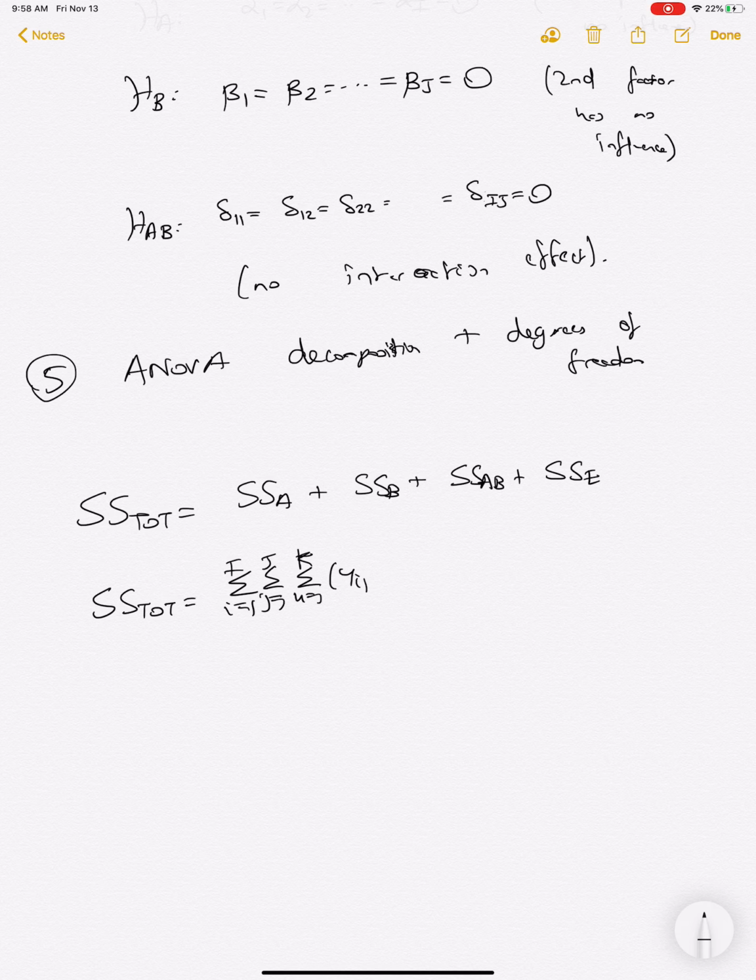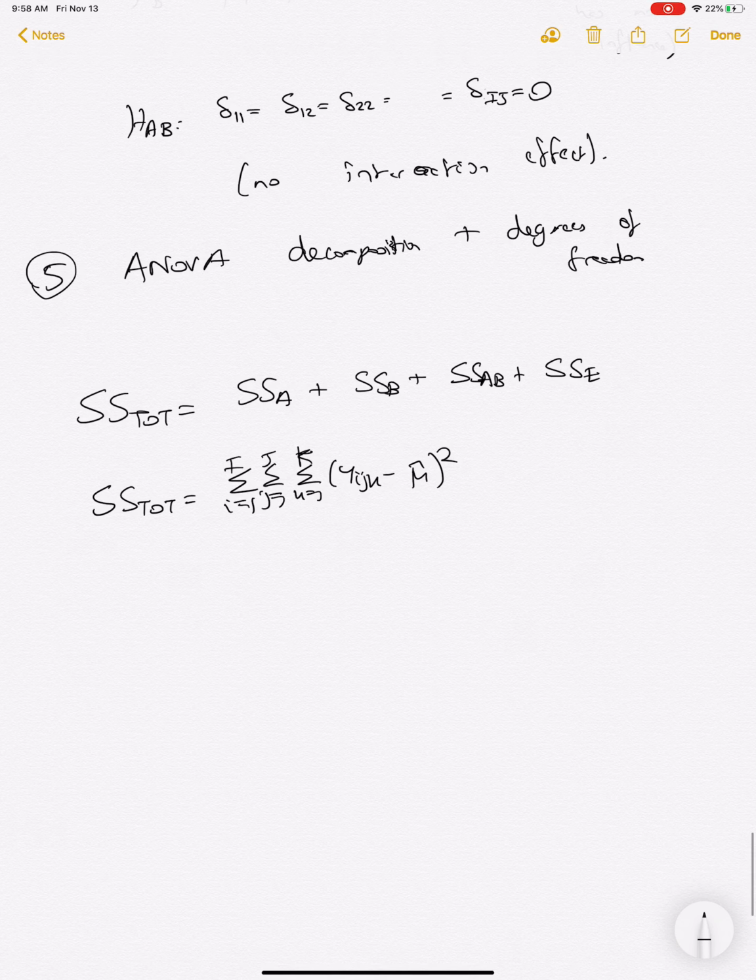It's going to be the sum of yijk minus the overall mean, squared. The SSA is going to be the summation i equals 1 to I of alpha hat i squared, and we need to multiply this by a factor of j times k, because we have the extra sums over j and k that need to be included here.